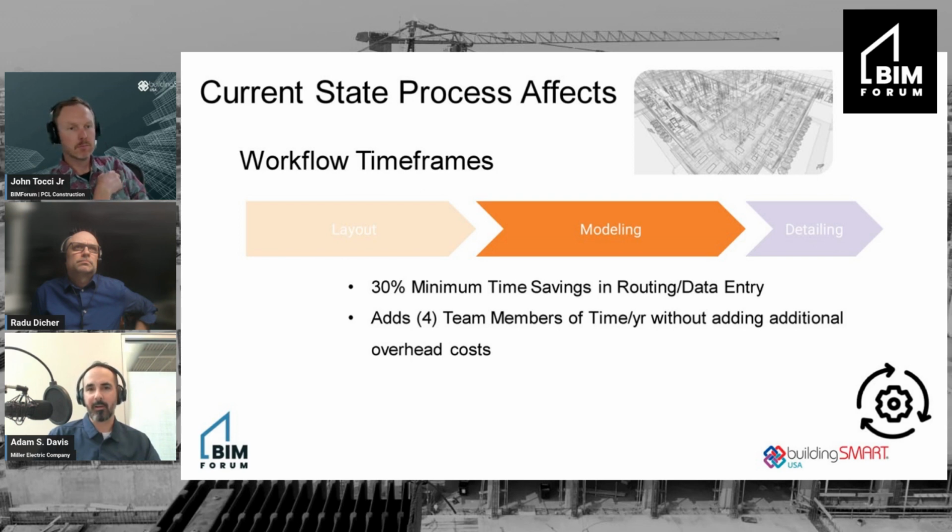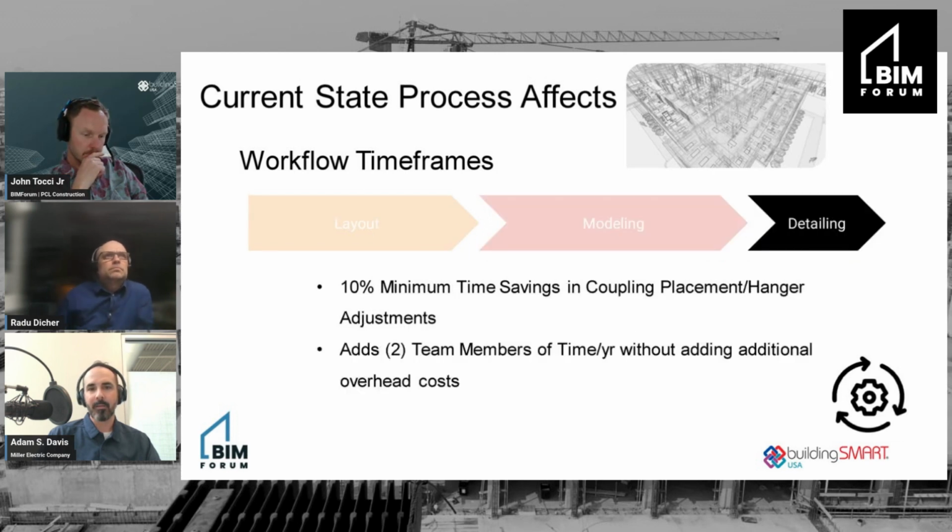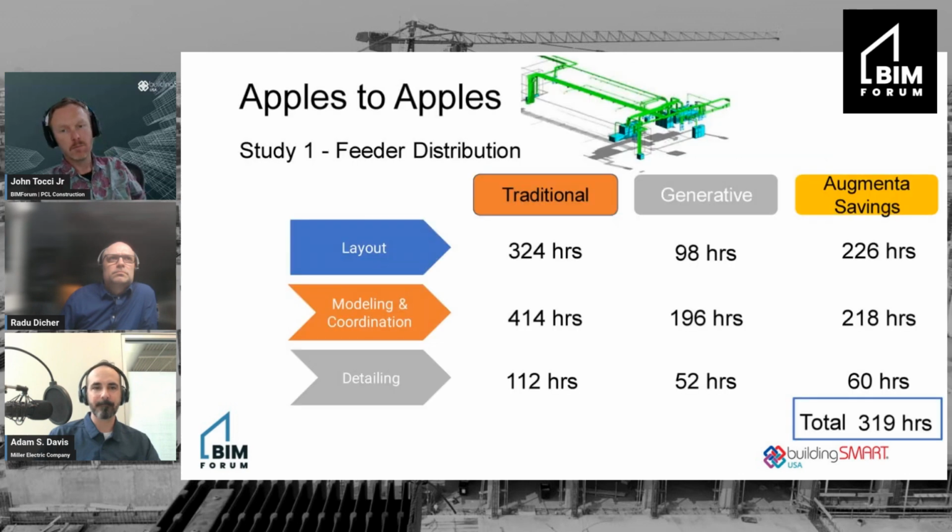So we're adding a lot of people inside of our team based on that capacity add. And then the detailing team, maybe a little bit less, but we're fixing a couple things inside of our process and streamlining that. So, apples to apples, I did put hours together and looked at how we did traditionally, how we did using generative design, and what we saved. The traditional layout took a lot of time for us to route because of all the scenarios of pump rooms.